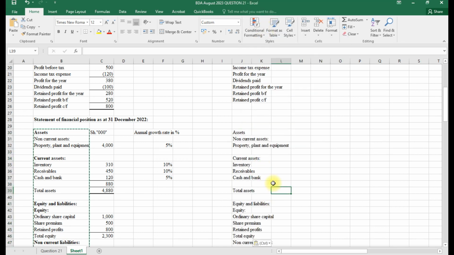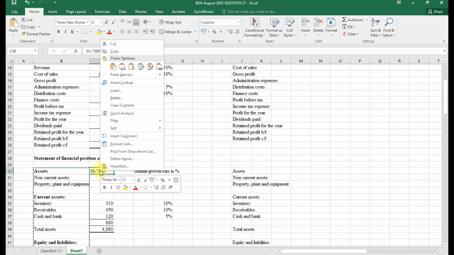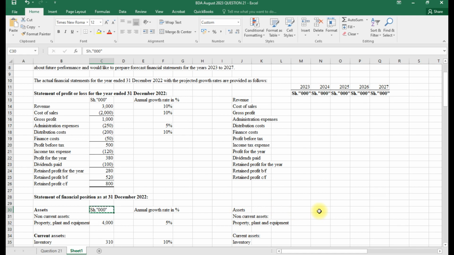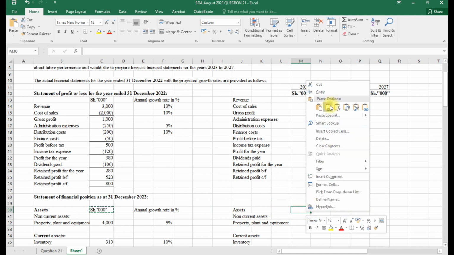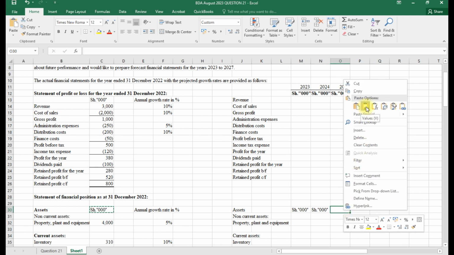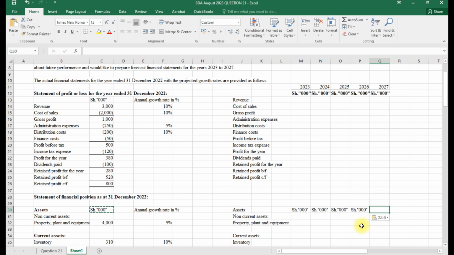That way, and I'll copy this because the shillings in thousand, so paste it here, there, there, there, and that's all. So again 2023, so you can just copy this, it will be okay.